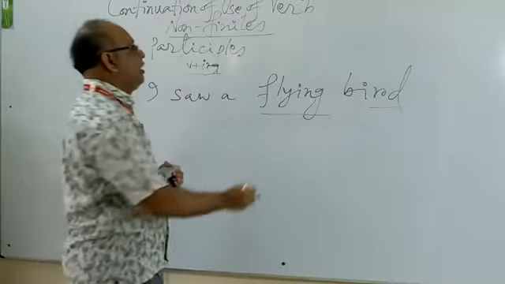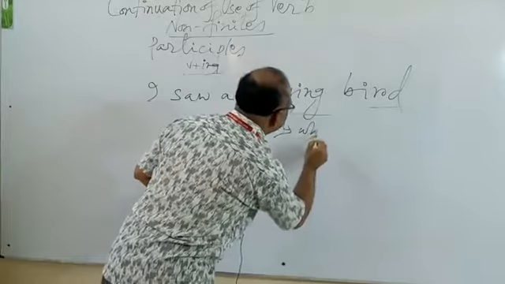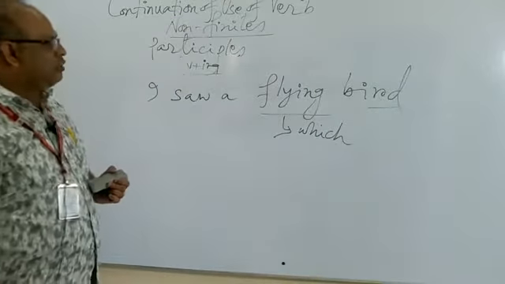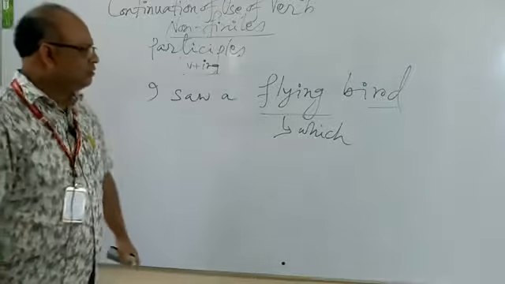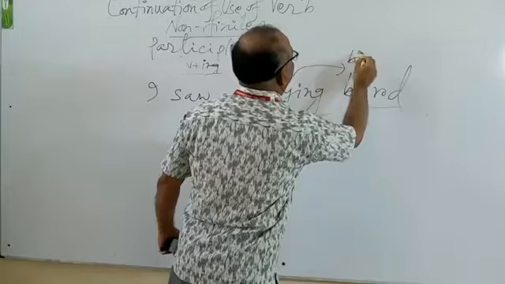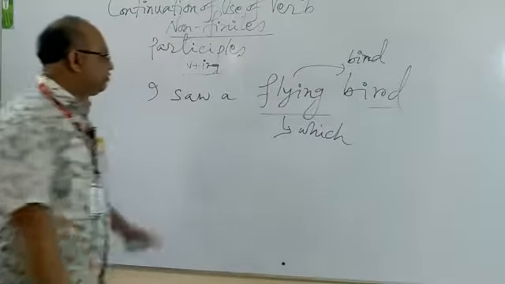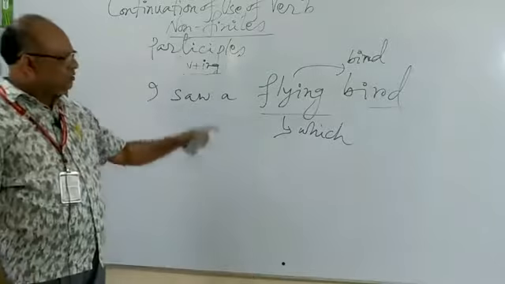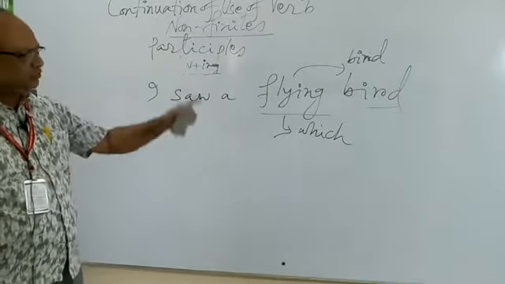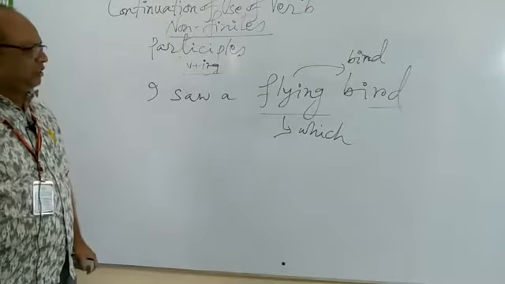I saw a flying bird. This again gives you the answer to the question who is. I saw who is bird? A flying bird. So it modifies the noun bird. So you can see that present participles are words with ing form, but function as an adjective.